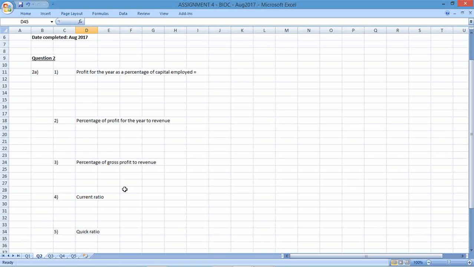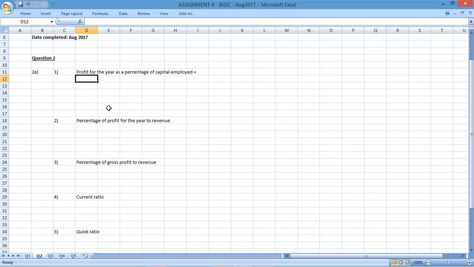Let's start off with the first ratio, which is profit for the year as a percentage of capital employed. So we're looking at a percentage of capital employed, so that's obviously going to be divide, because we've got a numerator and a denominator. I'm going to be considering the profit for the year, which is the last amount that is attributable to the owners of the business.